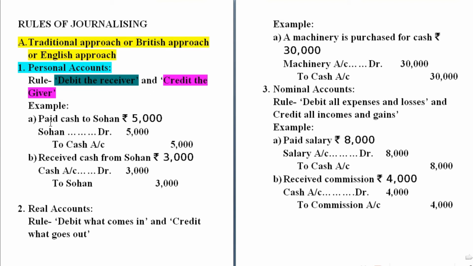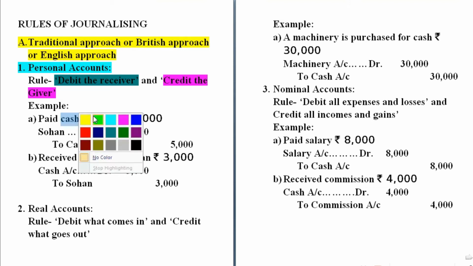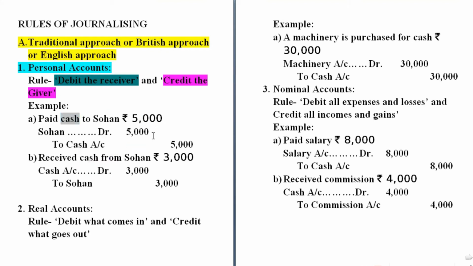One account affected is cash. From your business, from your office, what is going out? It is cash which is going out. And the other thing that is affected is who is getting the cash? It is Sohan who is getting the cash.